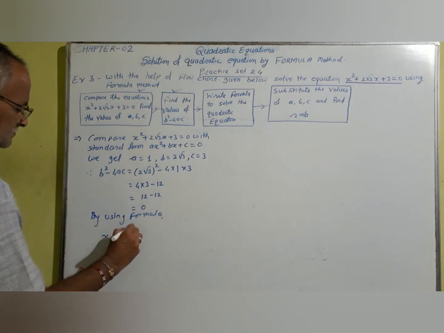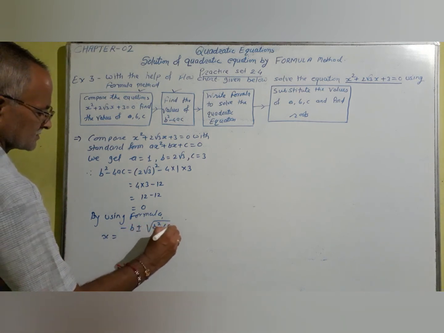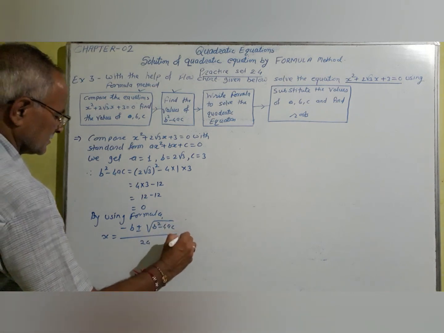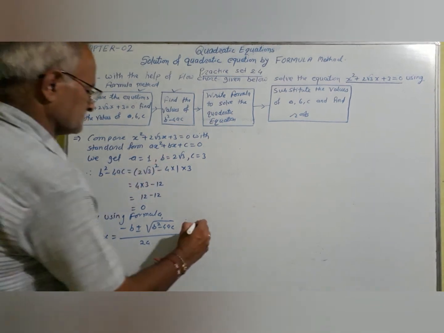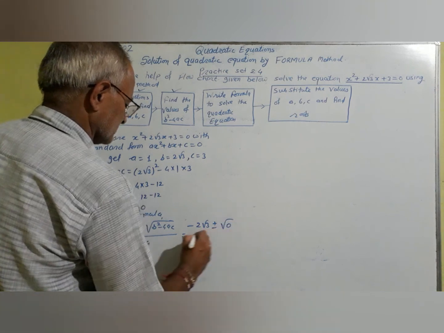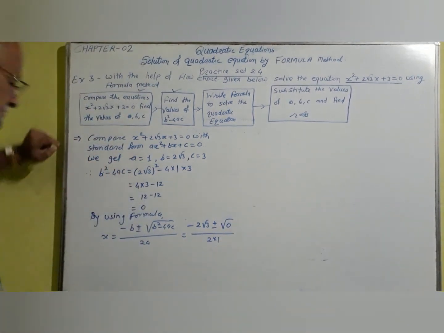x is equal to minus b plus or minus square root of b square minus 4ac upon 2a is equal to minus b, b means 2 square root 3, plus or minus square root of 0 upon 2 multiplied by a means 1.